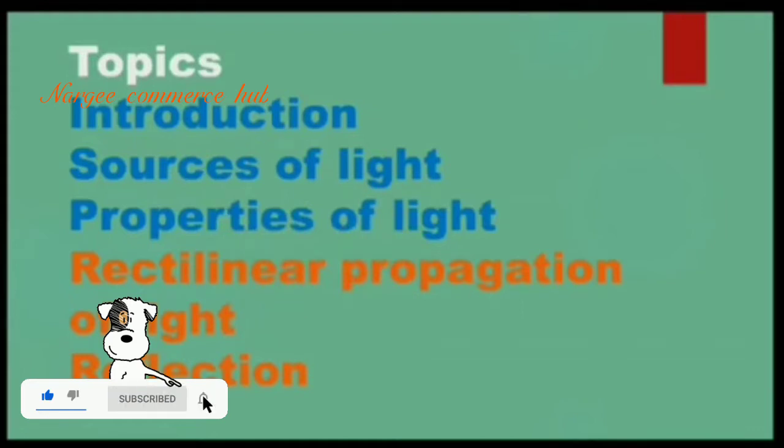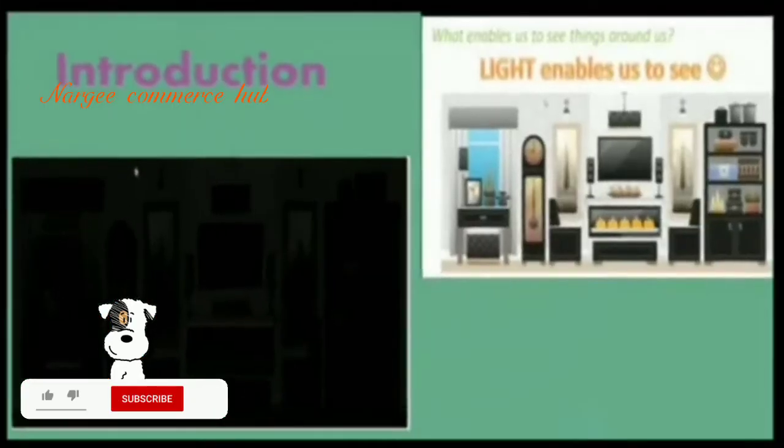Okay, introduction. Look at this picture. It is the dark room. You enter into a dark room. Can you see everything? No. Nothing is visible.